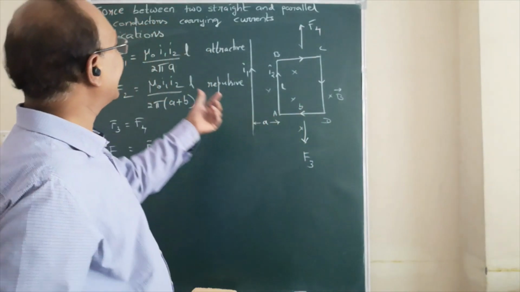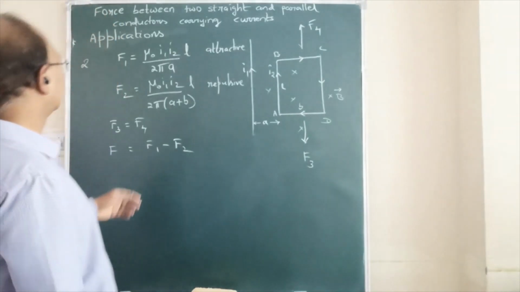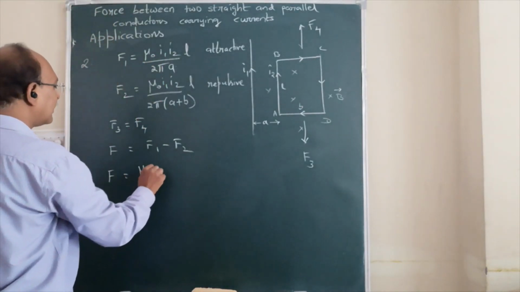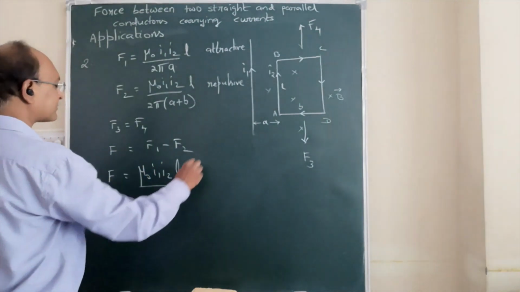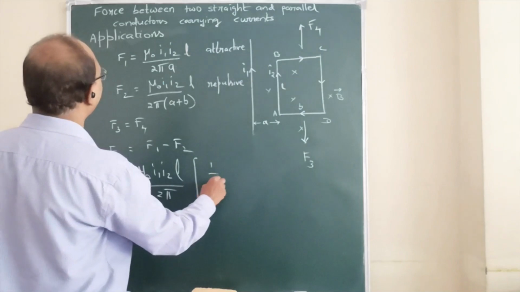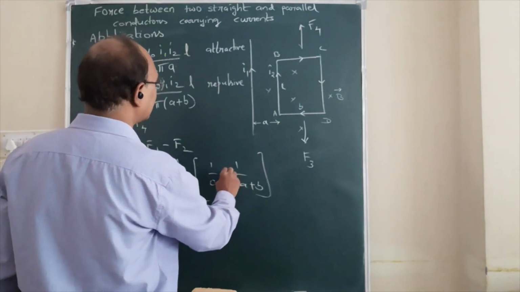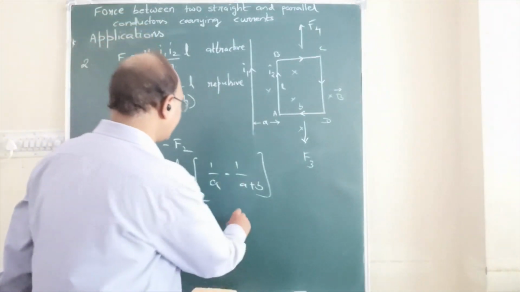That's why the attractive force will be greater than the repulsive force. Therefore, F is equal to, taking common mu naught I1 I2 L by 2 pi, 1 by A minus 1 by A plus B. So that is the resultant force, and that will be attractive.